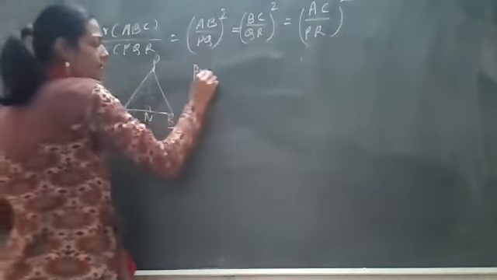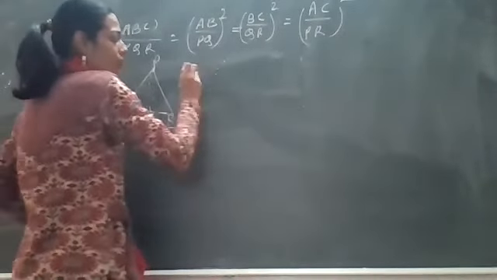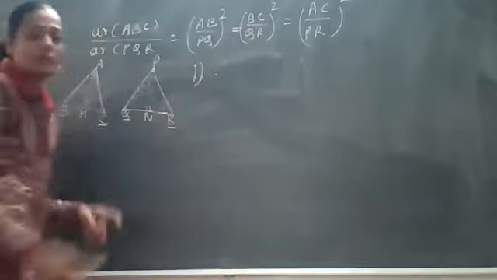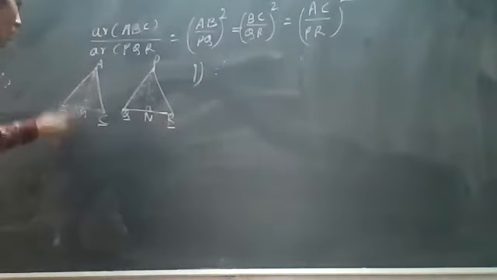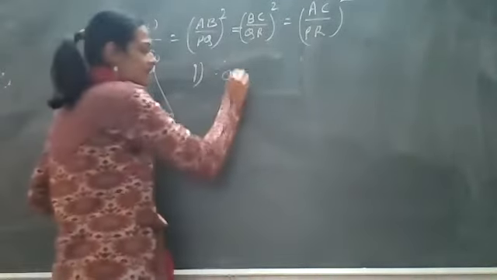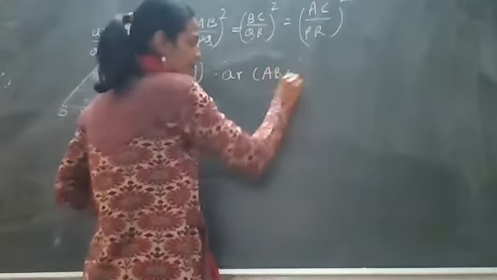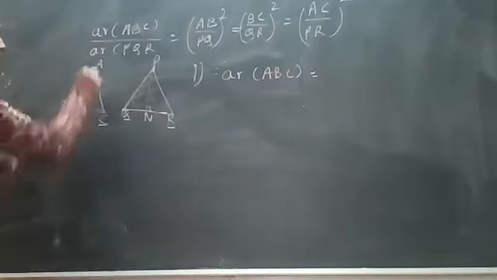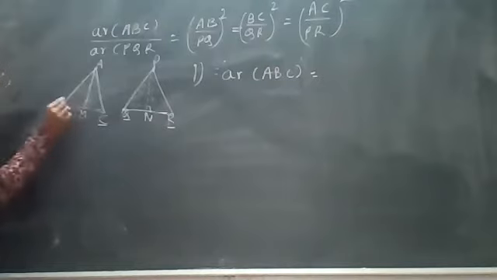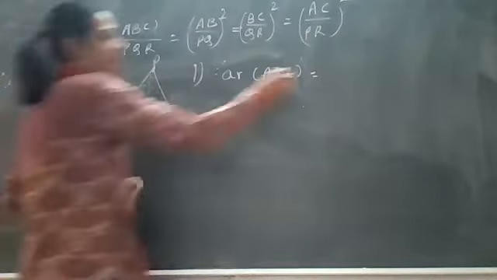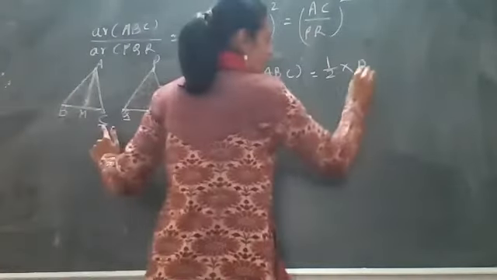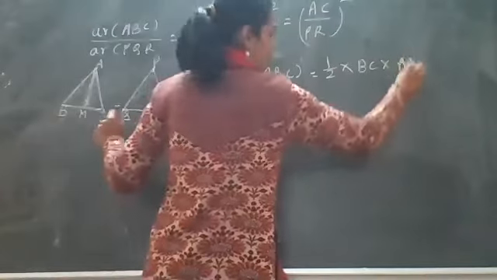Consider how to prove that. What is our first step? The first step we are writing is the area of ABC. Here we are taking the altitude and this will become your base. So it becomes 1/2 base into height, where base is BC and height will be AM.